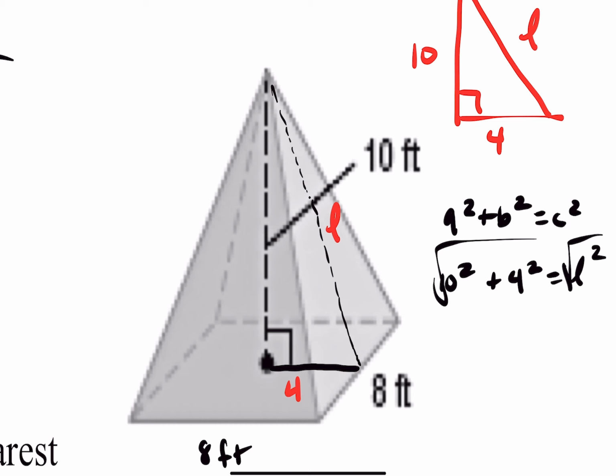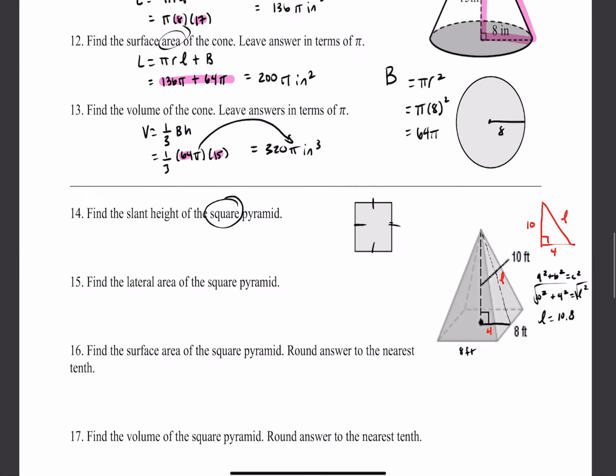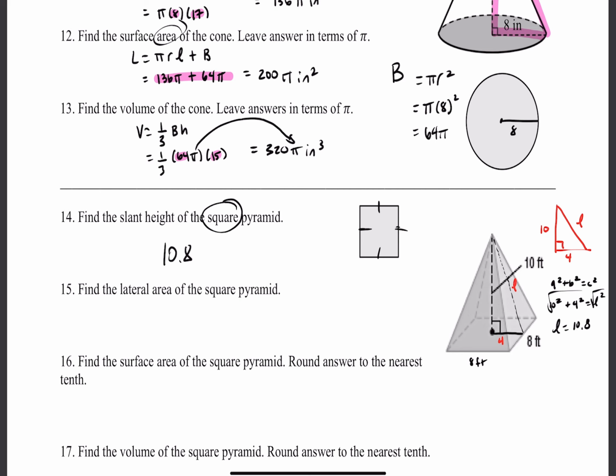Oops, I didn't do a good job putting all that into my calculator. So I have 10.77. Let's just say the slant height is going to be 10.8. The slant height is one dimensional, so it's going to be feet, just feet.